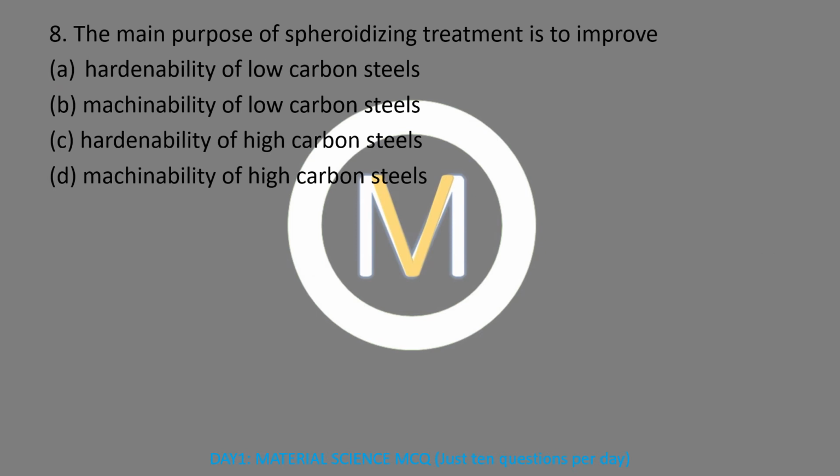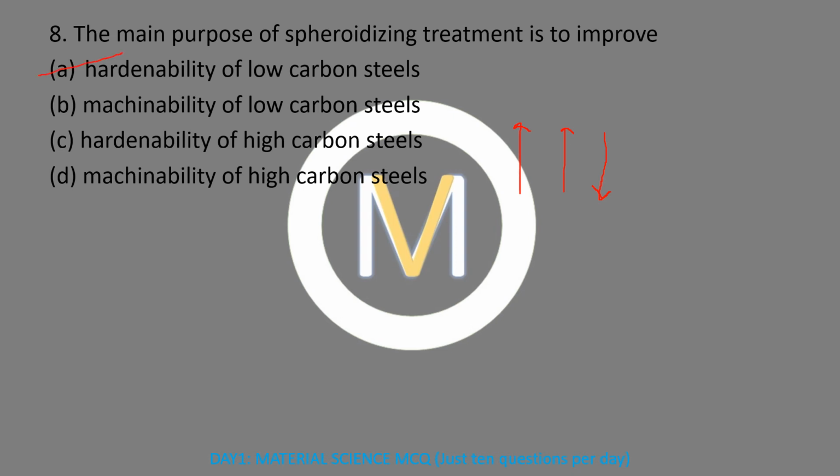Next, the main purpose of spheroidizing treatment is to improve hardenability of low carbon steels, machinability of low carbon steels, hardenability of high carbon steels, and machinability of high carbon steels. The first basic thing we should know is that as we increase the carbon content, the hardenability also increases, and as the hardness increases, the substance becomes harder to machine. So machinability decreases. So here for the low carbon steel, we have to improve the hardenability.